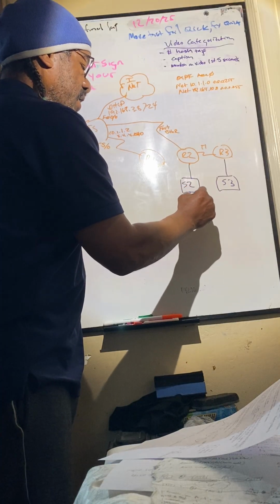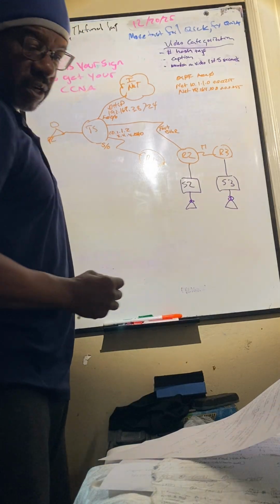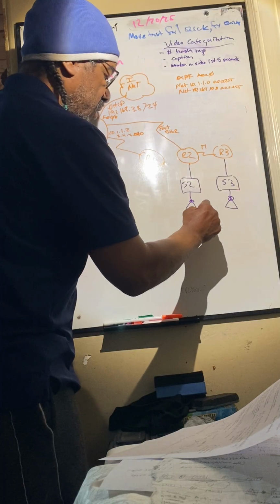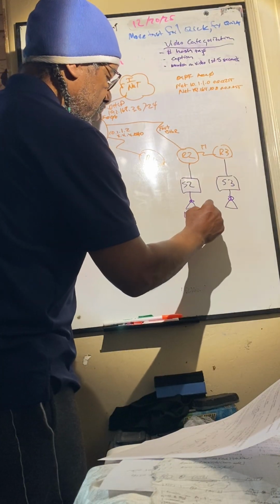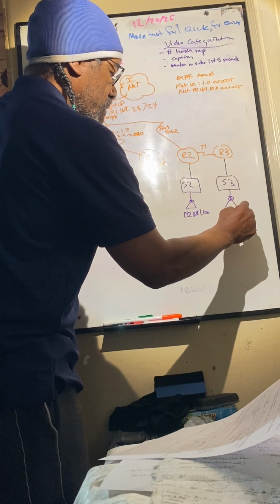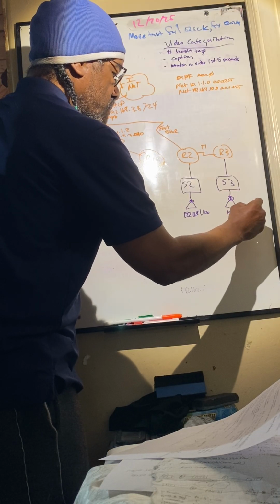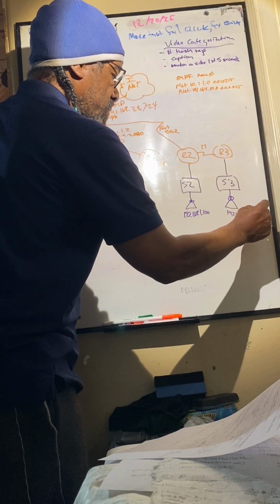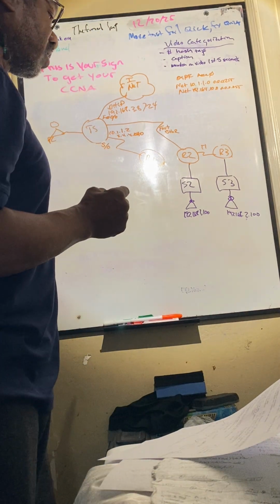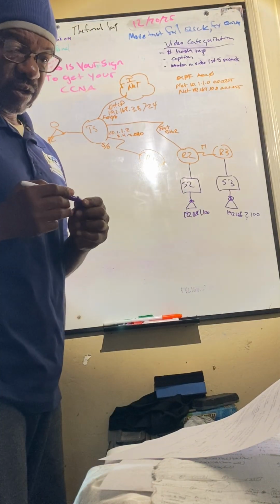I'm gonna hang a PC off of both of these, and this one's gonna be on the 192.168.1.100 net, and this is 192.168.2.100. So that's how we gonna handle that: 1.100, 2.100.